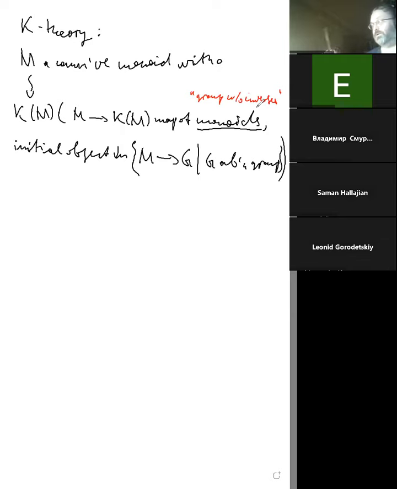For example, Z greater than or equal to 0 is a commutative monoid.